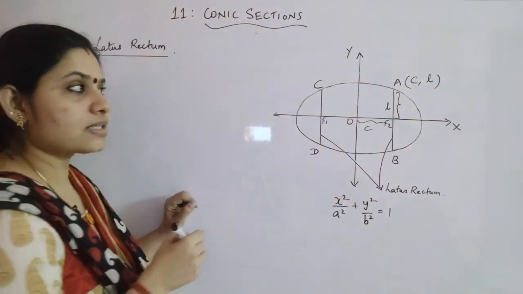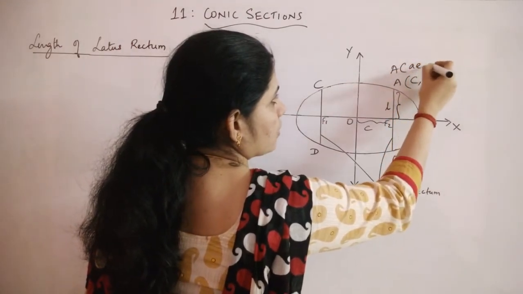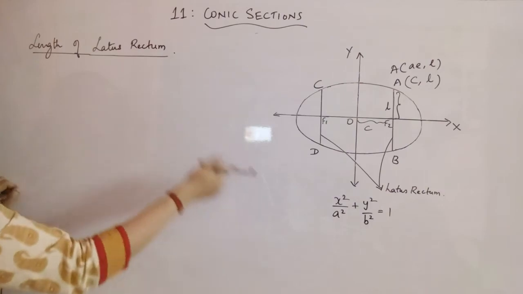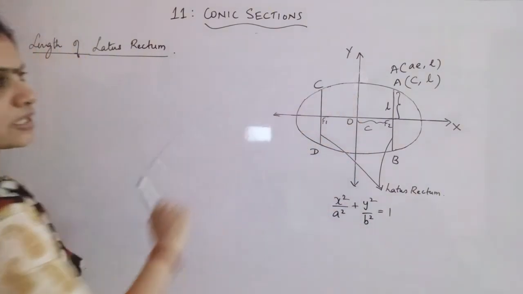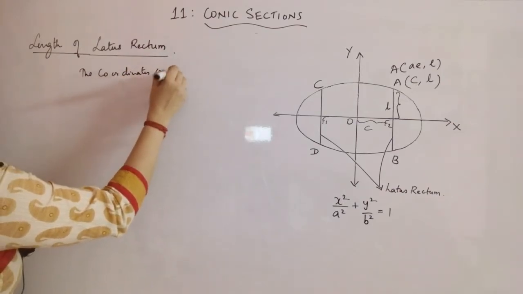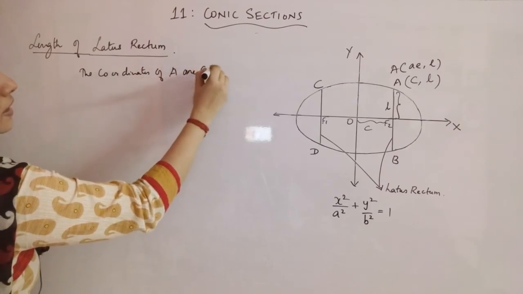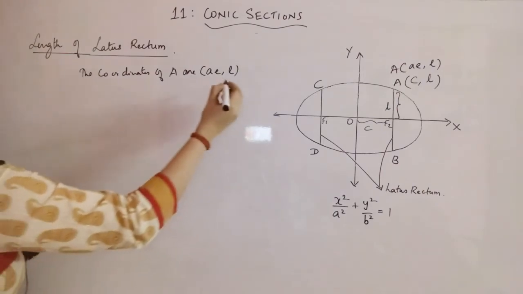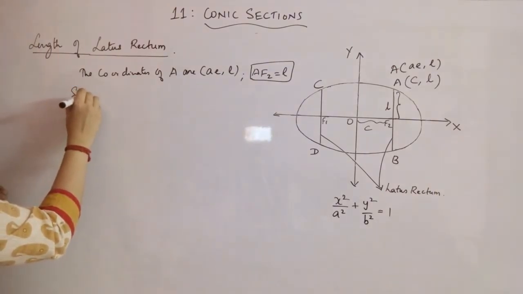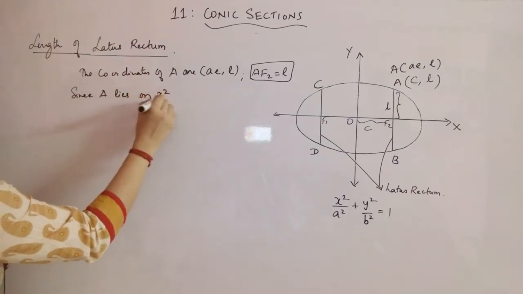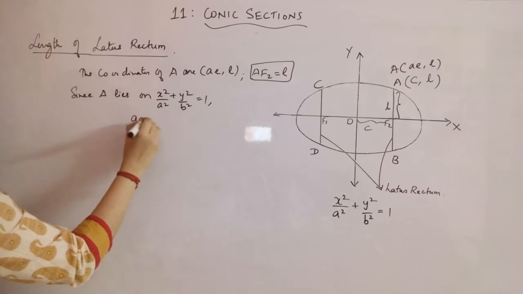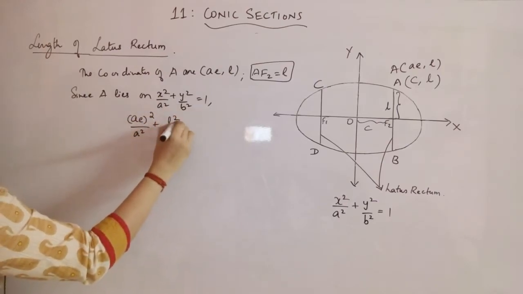Now c in terms of eccentricity is ae. So you get the coordinates of A as ae comma L, where we have taken AF2 as L. Since A lies on the ellipse x square by a square plus y square by b square equal to 1, we replace x and y with ae and L. So you get (ae) whole square by a square plus L square by b square equal to 1.